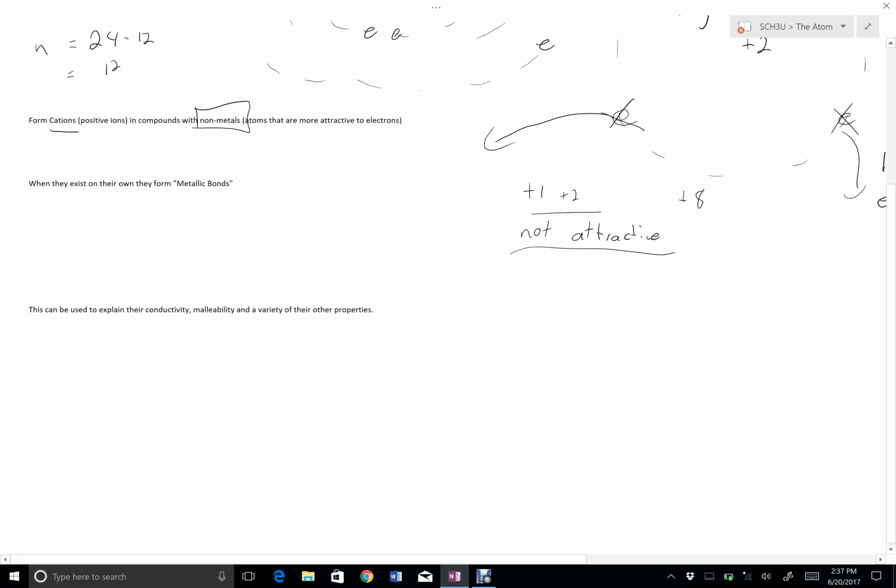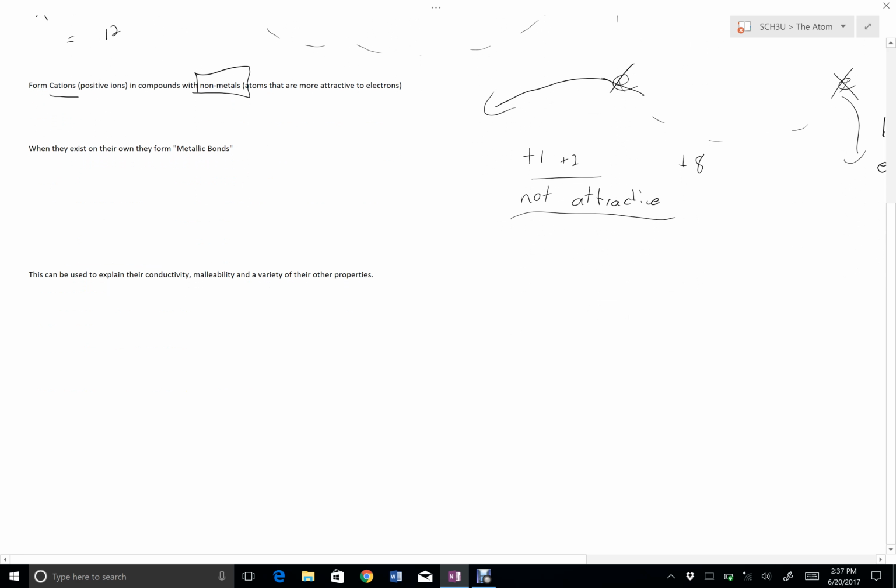When they exist as metals on their own, or when they form these metallic bonds, so if we imagine magnesium as the ribbon that we can put in the Bunsen burner and catch on fire, what happens is these +2 ions are surrounded by many, many, many electrons in what we call a metallic bond.